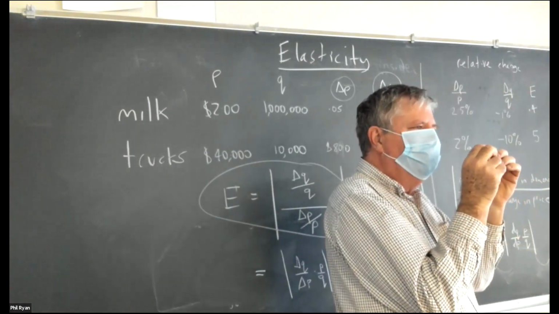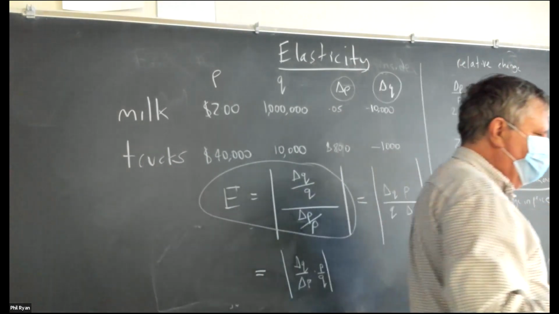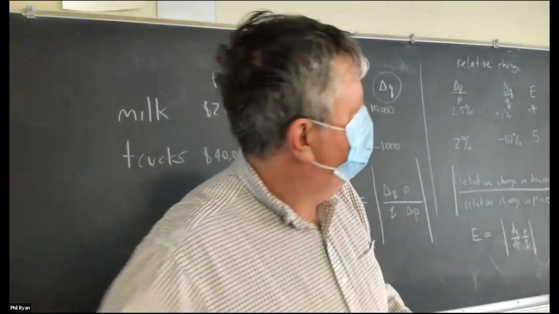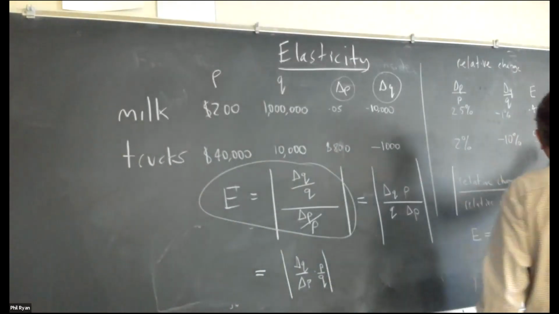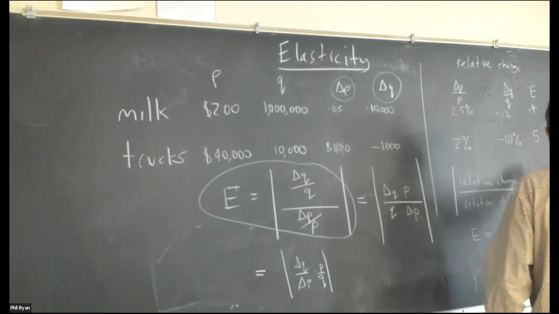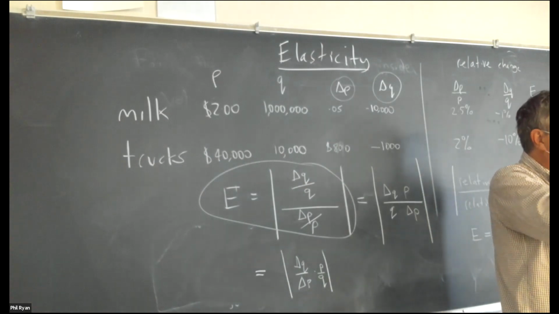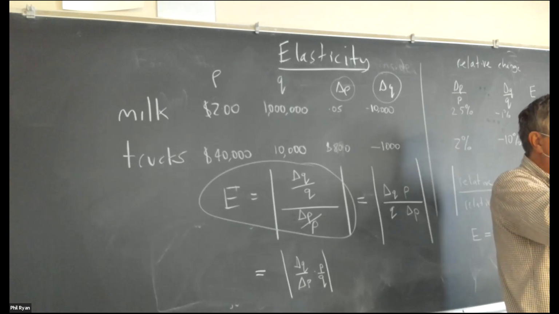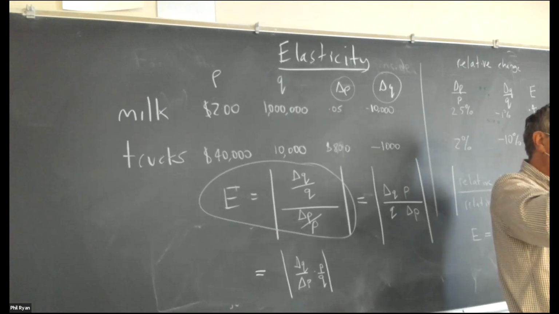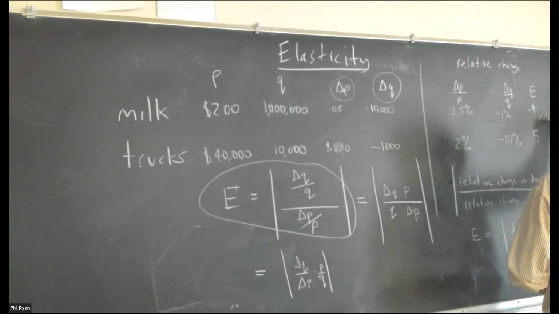So a little bit of change gets stretched out to a big change. So these kinds of goods are called elastic. And these kinds of goods where it's stiff and it resists, right? So a change is only going to change a little bit.